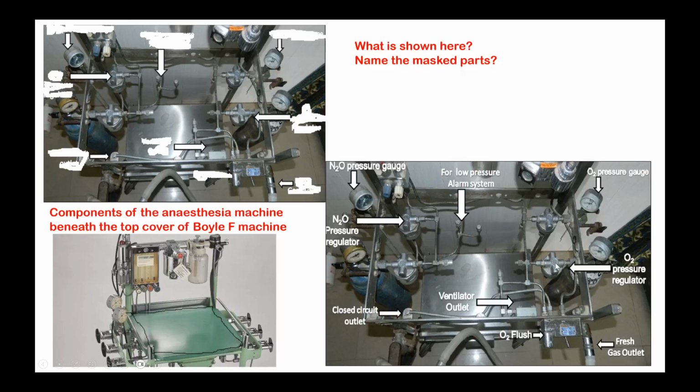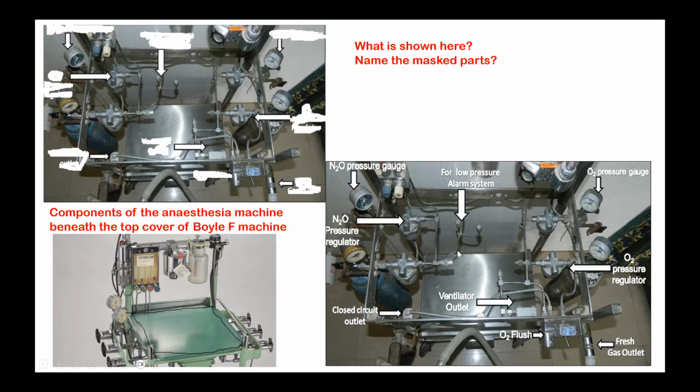This is the pressure regulator which we have already seen. This is the ventilator outlet. This is the oxygen flush. This is the fresh gas outlet. This is the nitrous oxide pressure gauge. This is the nitrous oxide pressure regulator. And these tubings here are the ones which go for the low pressure alarm system.